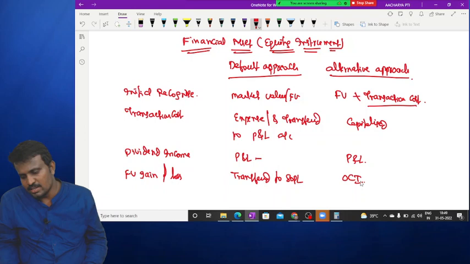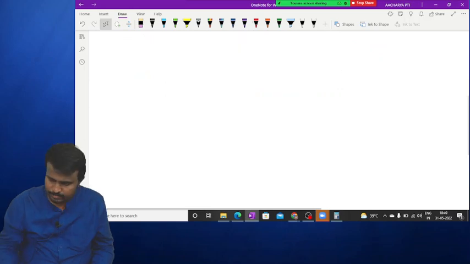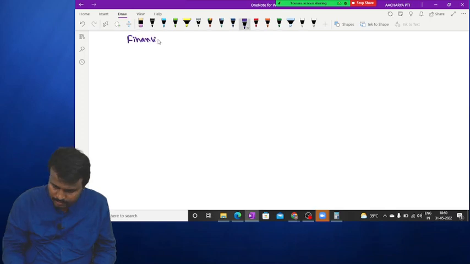Next, coming to the financial asset: debt instrument or debt investment.